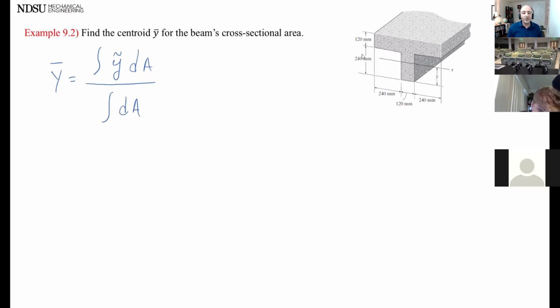So this means summation of an infinite number of y tilde dAs, and the denominator means summation of all dAs.